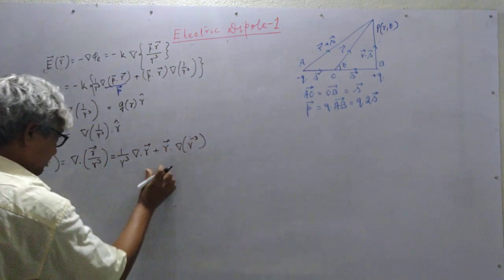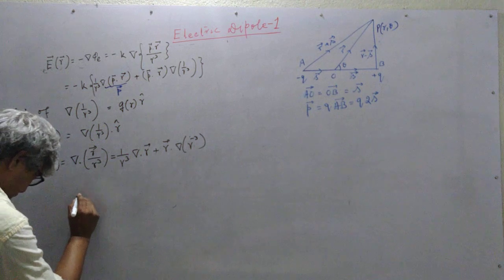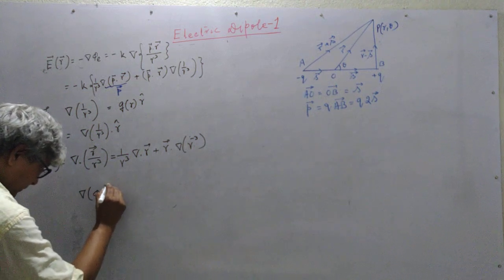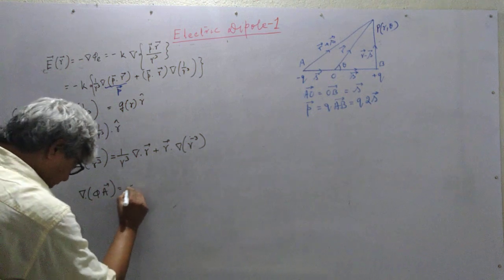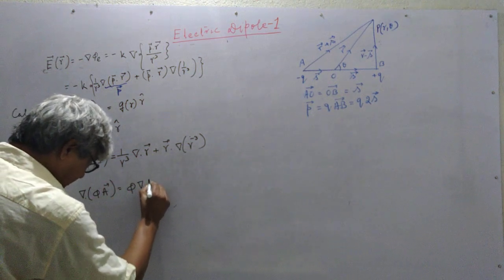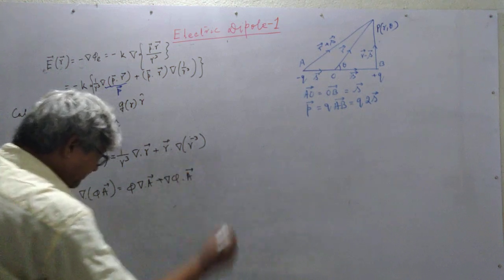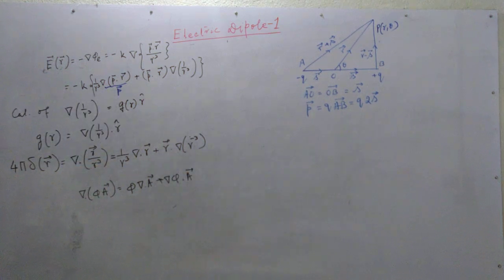Note that the vector identity that I have made use of is: divergence of phi times a is equal to phi times divergence of a plus grad phi dot a.